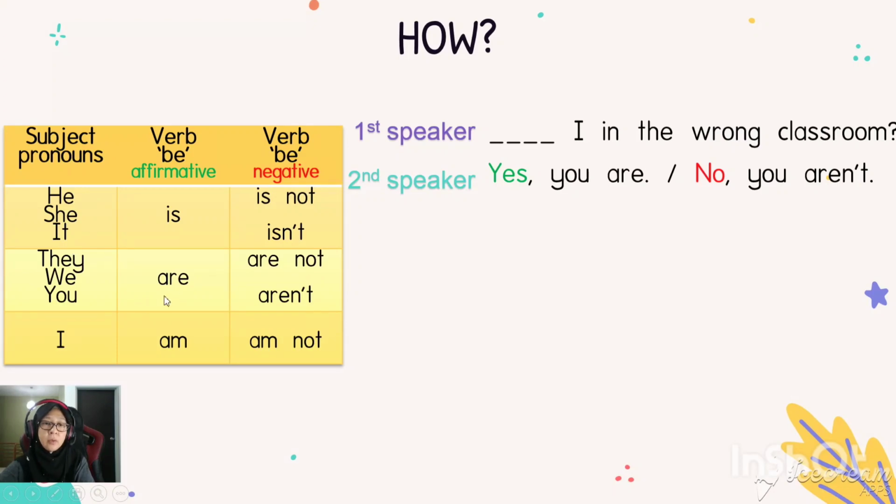No. What about are? Are I in the wrong classroom? Is that correct? Does it match with the subject pronoun? No. What about am? Am I in the wrong classroom? Does it match with the subject pronoun? Yes.